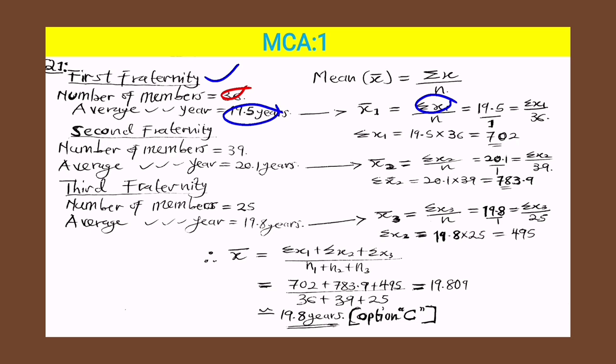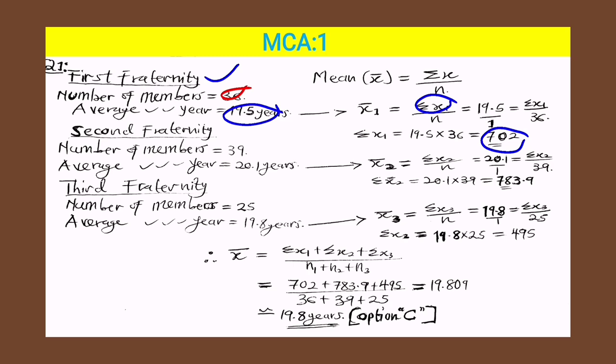Then I make summation x subscript 1 the subject, and I solve for the total age, and I had 702 for that. And the same thing I did for the other groups.